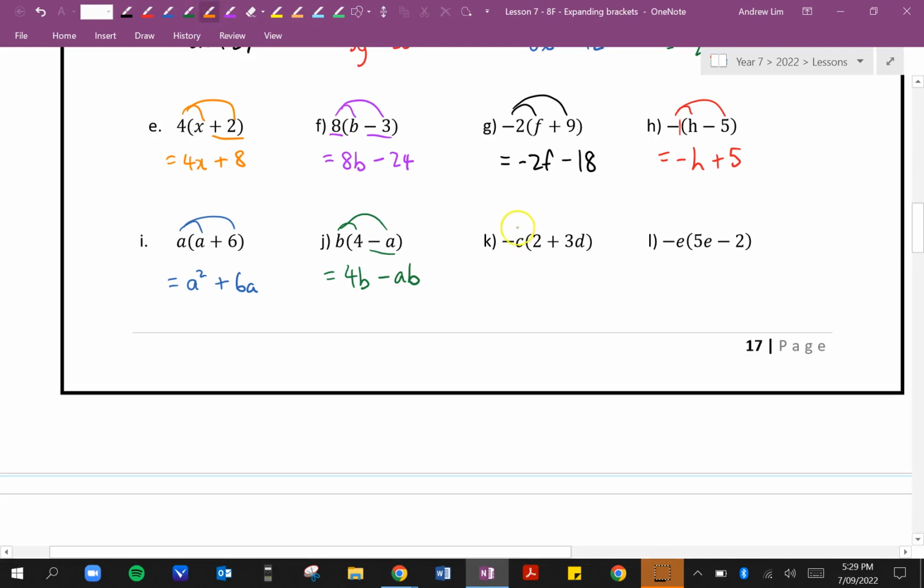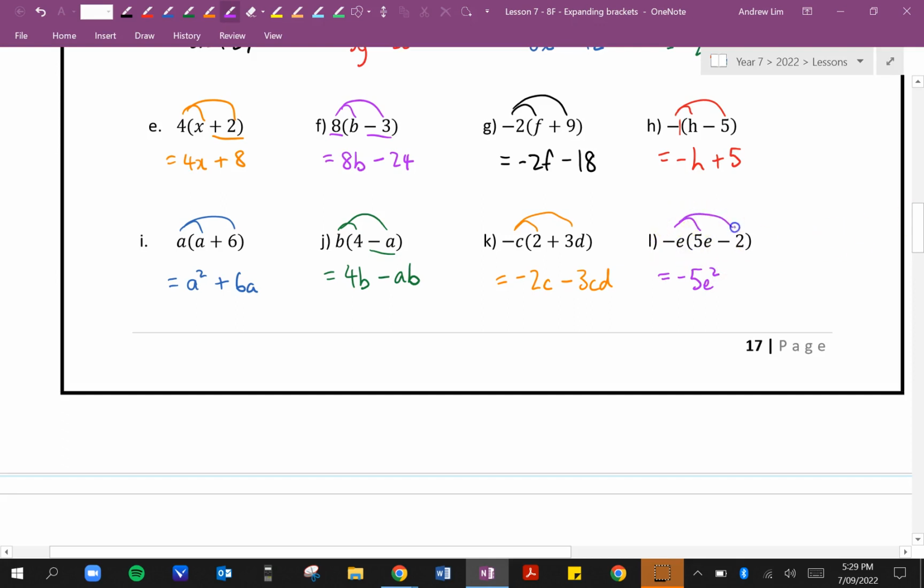Question K. Minus C times 2 is minus 2C. Minus C times positive 3D is going to give us negative 3CD. Question L. Negative E times 5E is negative 5E squared.